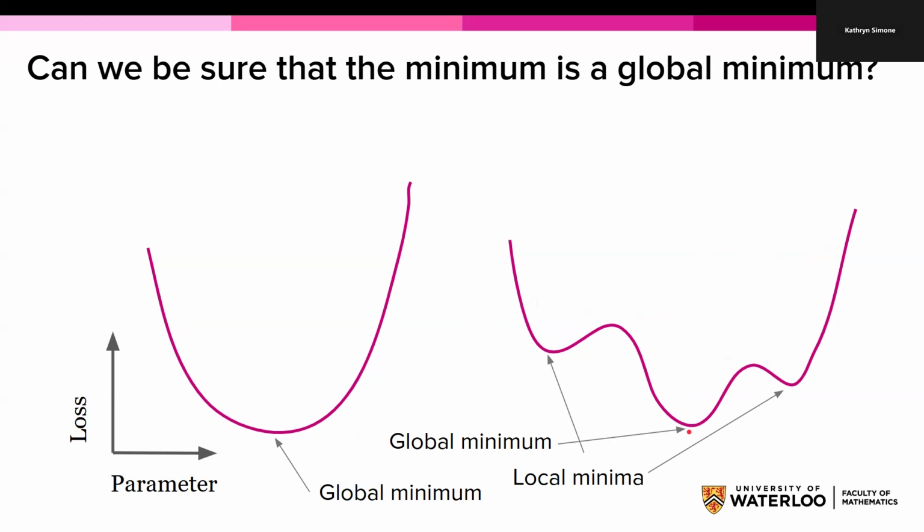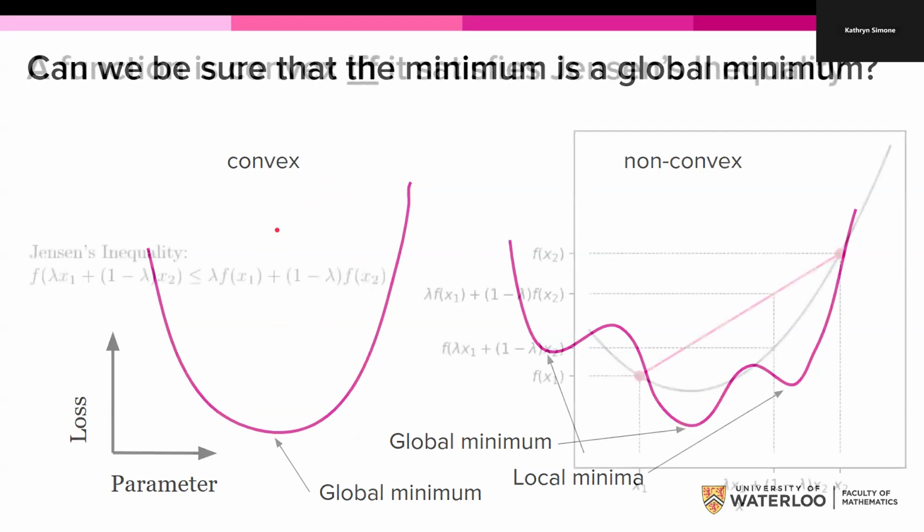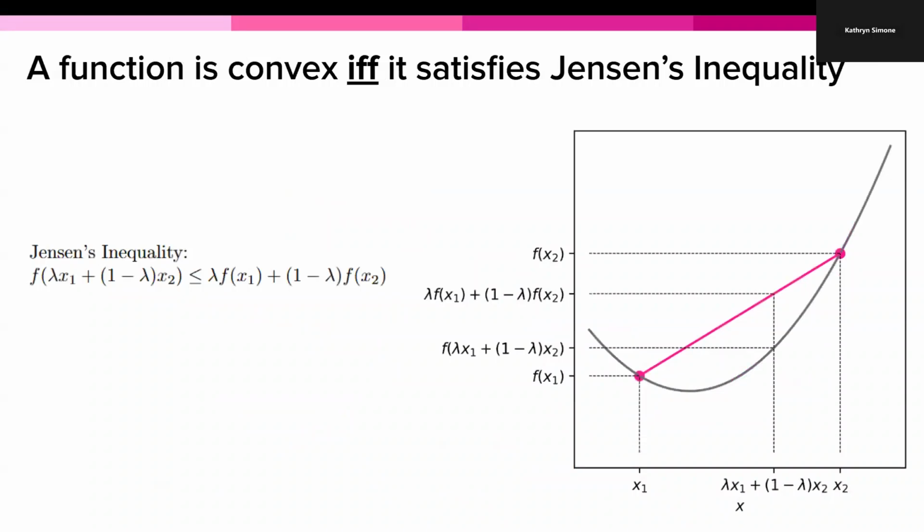So the key property that we use to distinguish between these two functions is convexity. Specifically, we would call the function on the left convex, while the function on the right is non-convex. And so what is convexity? Well, convexity is defined as those functions that satisfy Jensen's inequality, which is stated in this equation on the left.